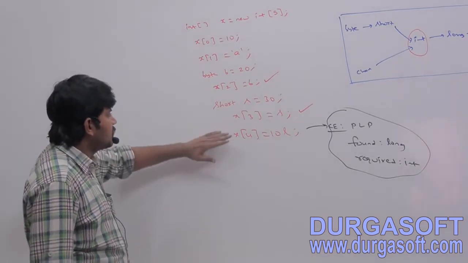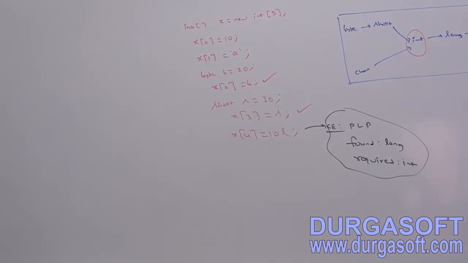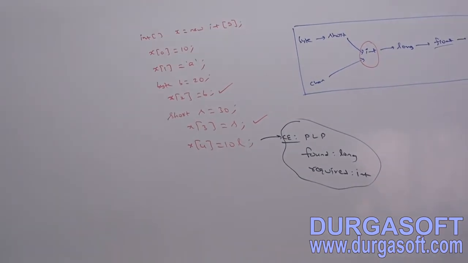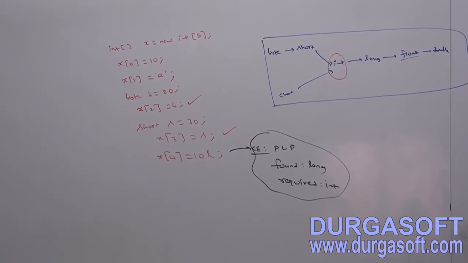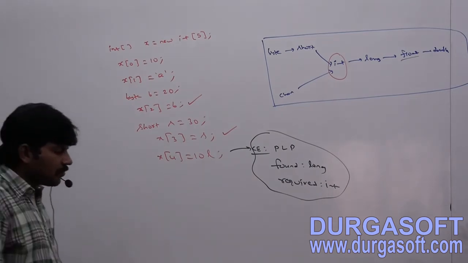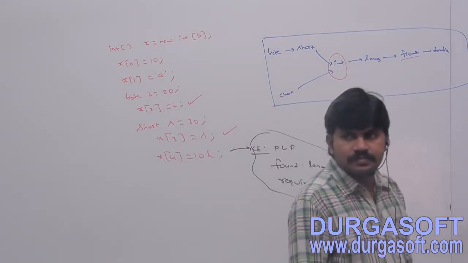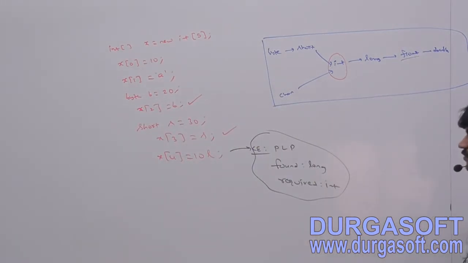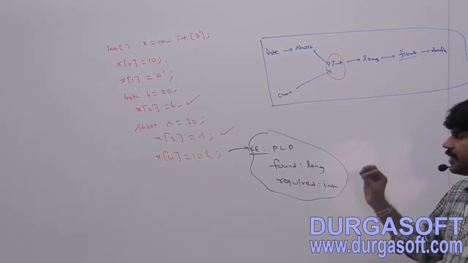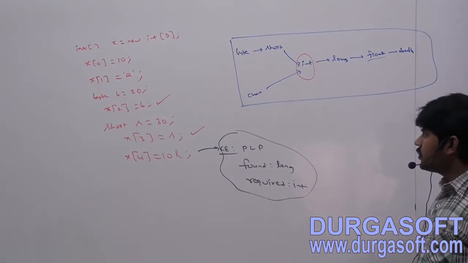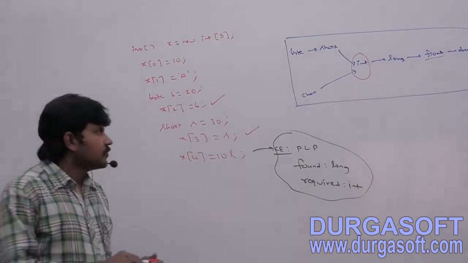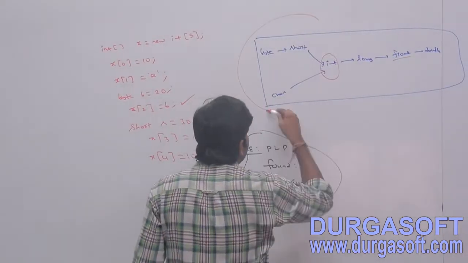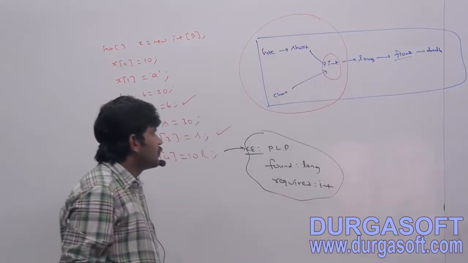Like take this example, int array x is equal to... we can provide any type which can be implicitly promoted to the declared type. If it is the int array, which data type elements are allowed? Byte, short, char, int. Because it is the int type, these 4 things are allowed.